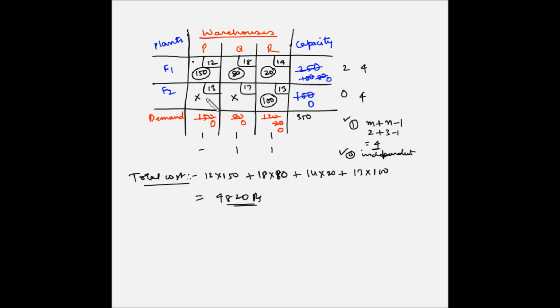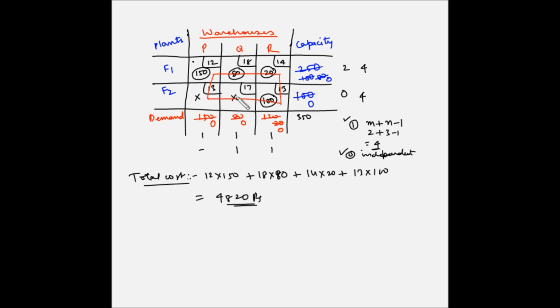So the first water square is F2P. So let's try to create a closed path for this water square. Now from here we can go to F1P, then to F1R, then to F2R, and then back to F2P.